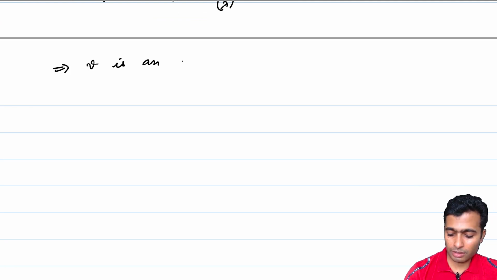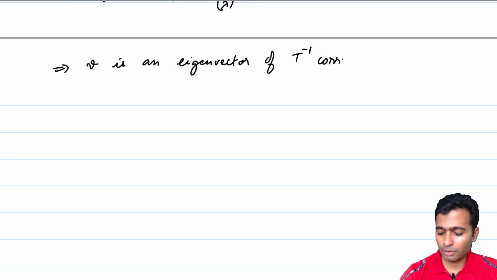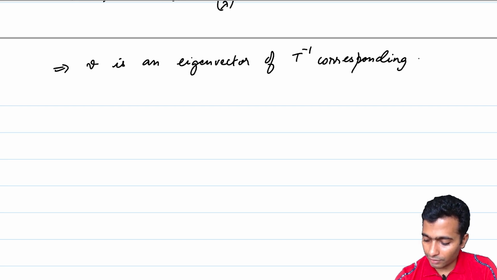This implies v is an eigenvector of T inverse corresponding to lambda inverse. We have not just shown that if lambda is an eigenvalue of T, 1 by lambda is an eigenvalue of T inverse. We have shown more. We have shown that v, the eigenvector of T corresponding to lambda, will also be the eigenvector of T inverse corresponding to 1 by lambda.